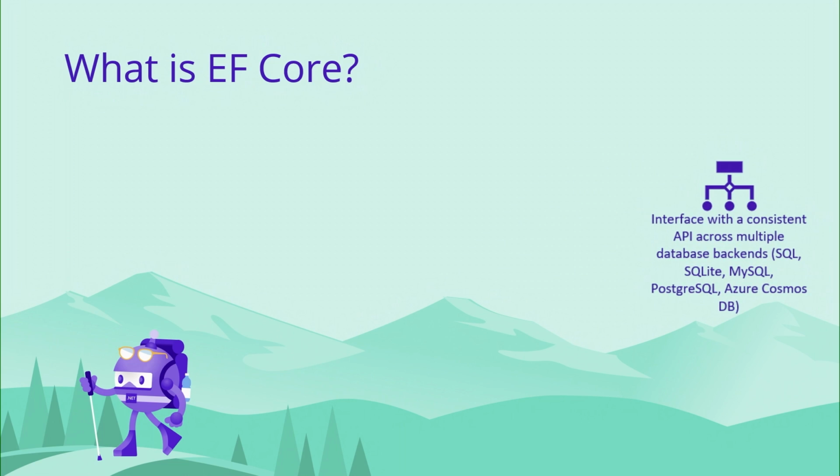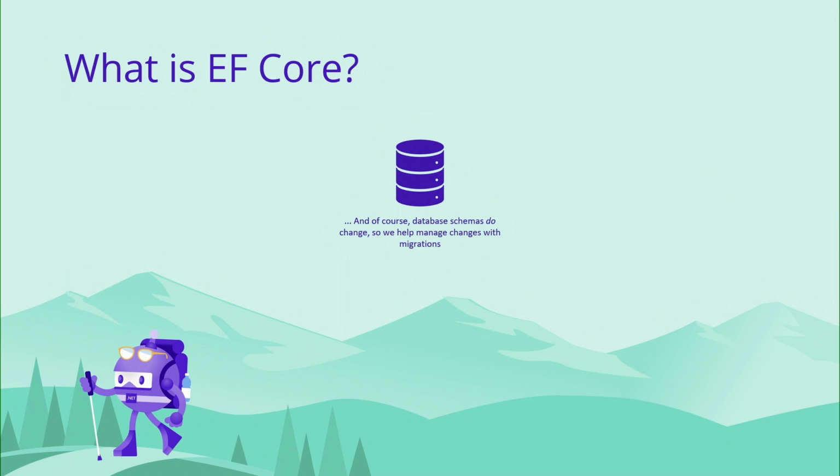And we provide that API consistently across whatever backend, whether it's PostgreSQL, SQL Server, Cosmos DB, all of these are handled and supported. And of course, we recognize that database schemas do change, so we provide a feature called migrations that handles those schema changes.